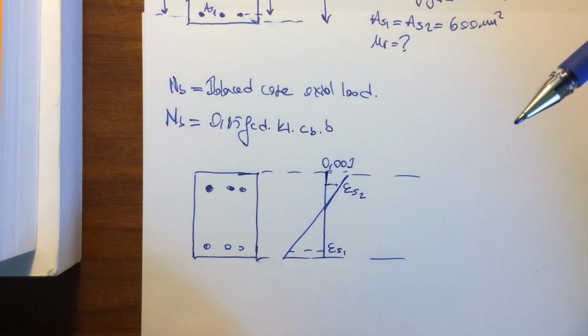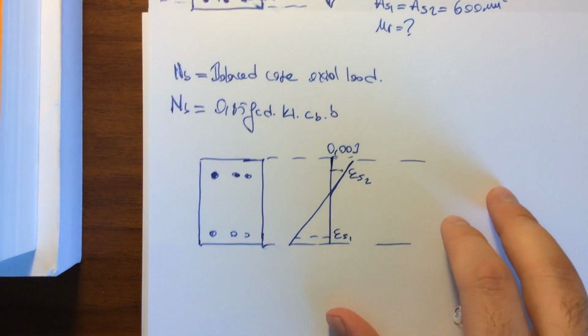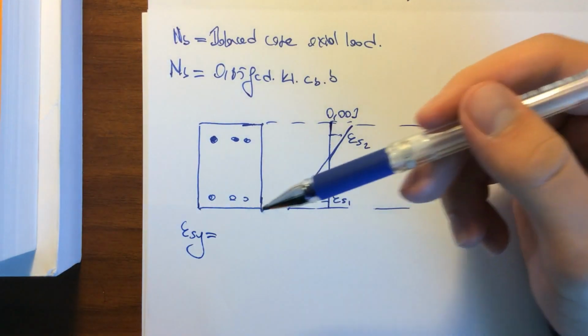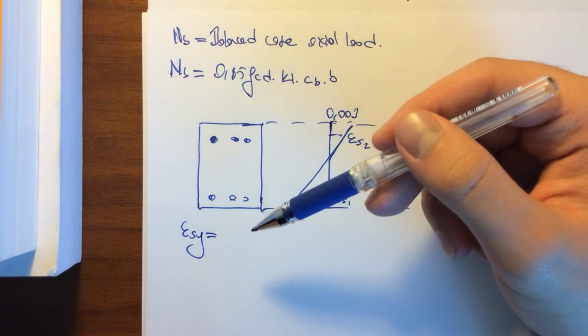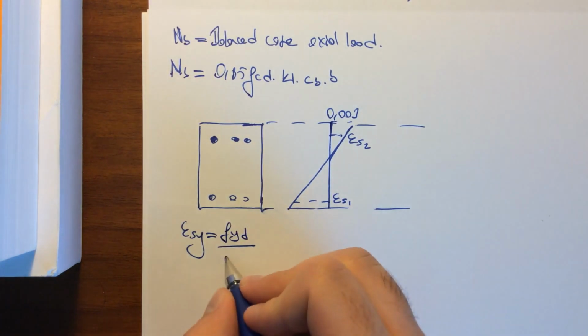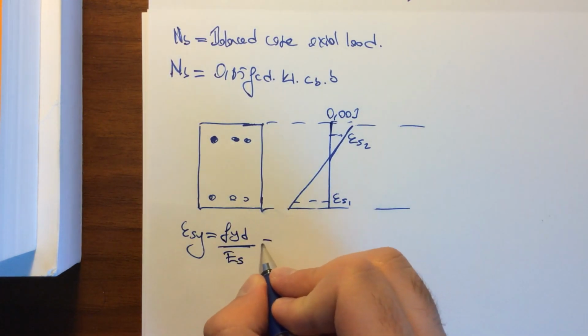So the first thing we need to do is to find epsilon sy, which is the yield strain for the steel. How do we do that? We divide the fyd by the modulus of elasticity of the steel.